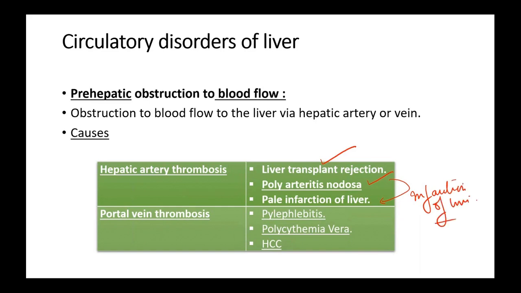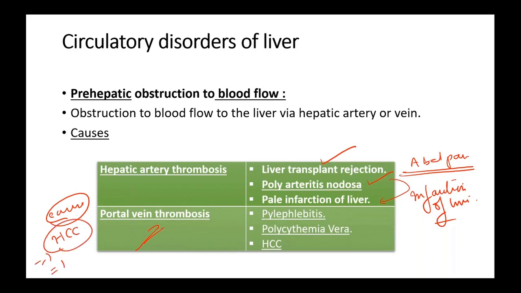So patient will present with severe abdominal pain. Portal vein thrombosis causes: hepatocellular carcinoma is very common. Polycythemia vera is again very common. Pylephlebitis not very common.